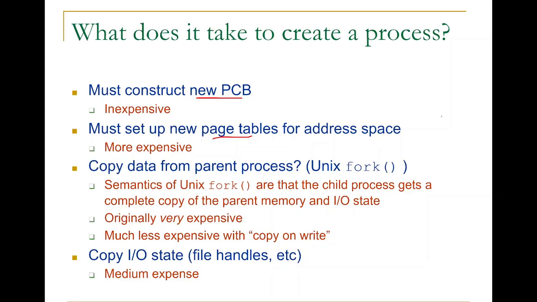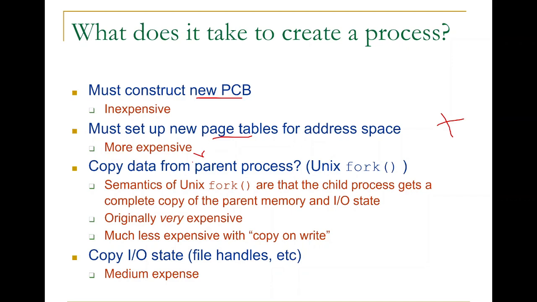A page table is similar to an Excel sheet that keeps track of where each process page is located. This is more expensive because we are now using a resource. Creating a new process is not really hard and doesn't need much resource, but when you start talking about a page table, we are talking about allocating space.